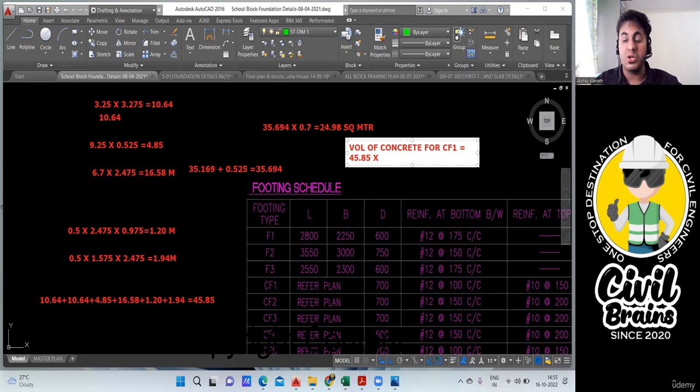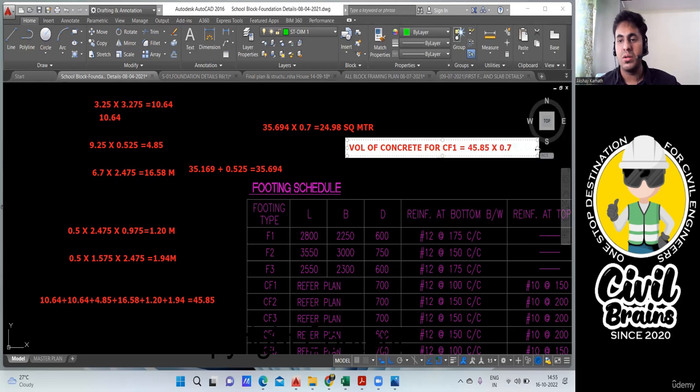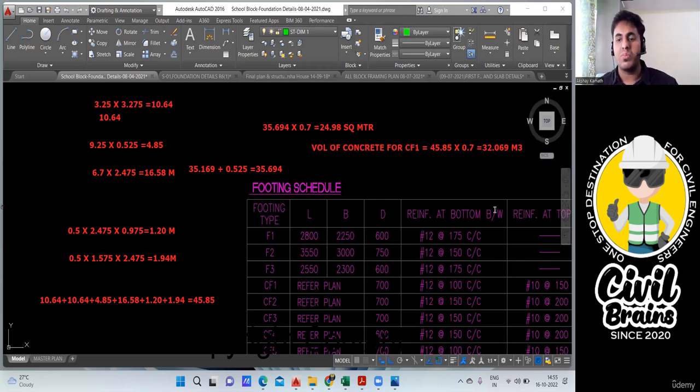Footing depth was 0.7. 45.85 into 0.7 gives 32.09 cubic meter. This is the volume of concrete that will go into this particular footing. So that much big is this footing.